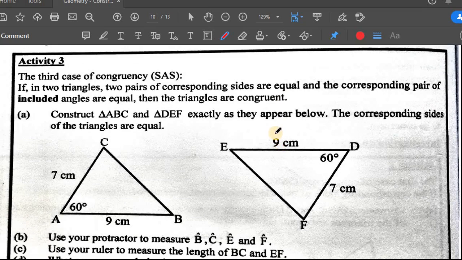Then, the third case, side angle side. Here's my side 7, 7. Another side 9, 9. And there's my angle 60, 60.